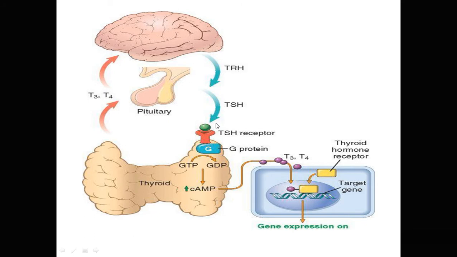TSH directly acts on the TSH receptor which is present on the thyroid gland epithelium. After binding with the TSH receptor, the G protein converts GTP to GDP, increasing intracellular cyclic AMP level, which causes increased release of T3 and T4 into the peripheral circulation.